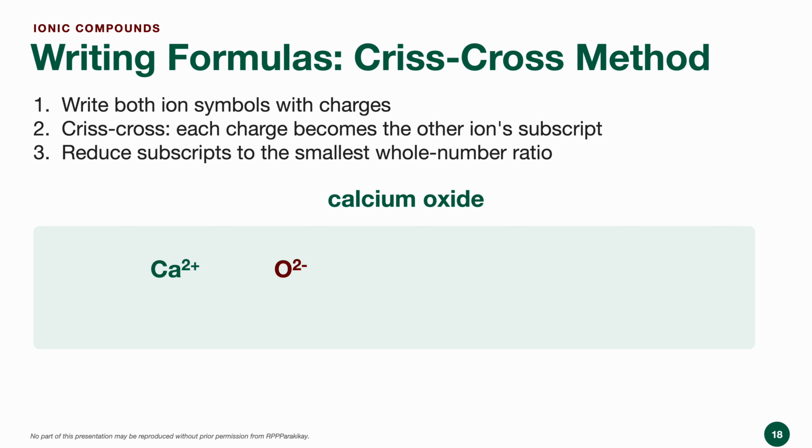If we cross them, you'd write Ca2O2. But that's not fully reduced, so the last step is always to simplify to the smallest whole number ratio, which here just cancels down to CaO. Therefore, calcium oxide will have a formula of CaO.